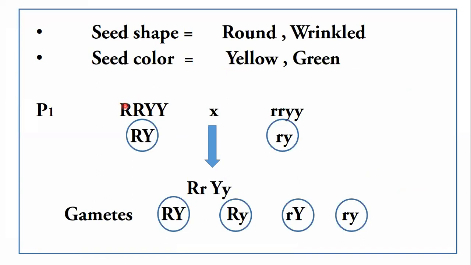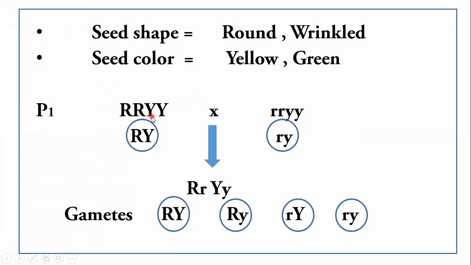One allele is controlling the round shape and the other allele is for the wrinkled shape. Similarly, for the seed color, we have a gene with 2 different alleles, and one allele is controlling the yellow color while the other allele is controlling the green color. Yellow is basically a dominant phenotype, green is a recessive phenotype. Similarly, for the seed shape, round is a dominant phenotype and wrinkled is a recessive phenotype.